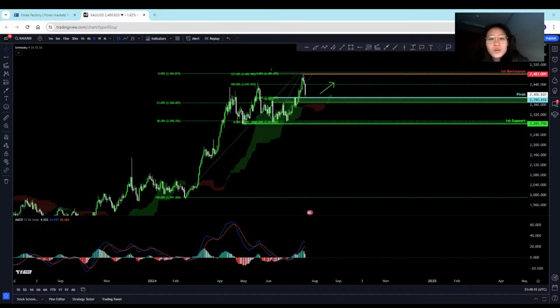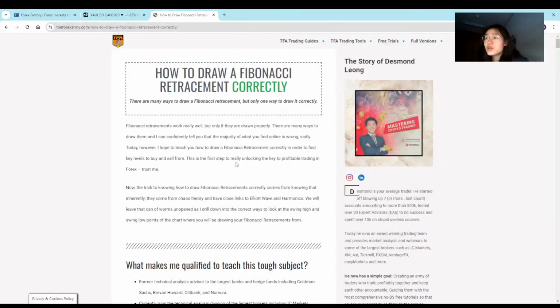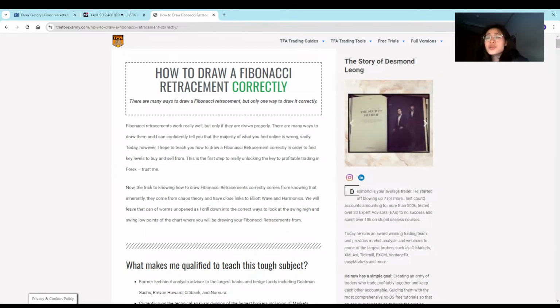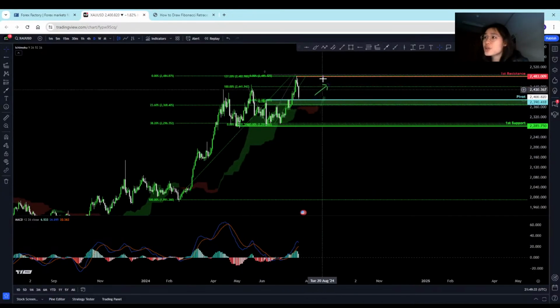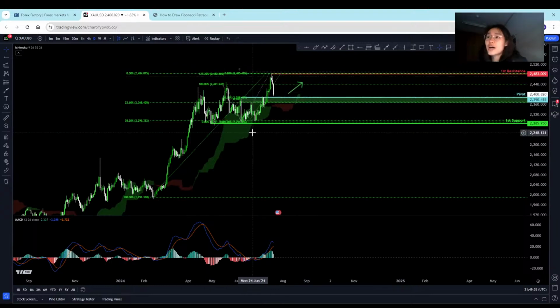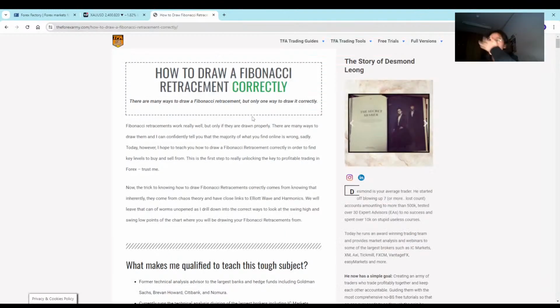Okay, so before we go, let me just briefly talk about Fibonacci because I normally do get questions on Fibonacci, so I try to show you guys the shapes that we're looking at and draw it out on the charts.